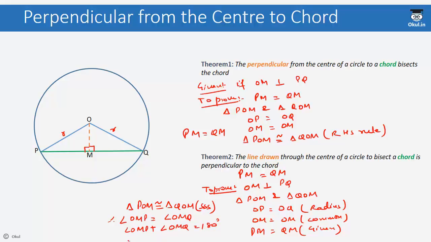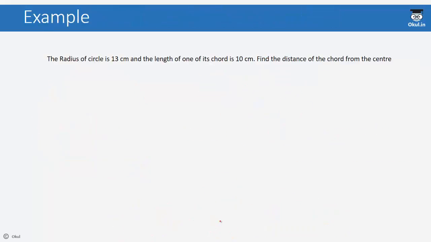Since these angles are equal, angle OMP is equal to 90 degrees, and OMQ as well. So we can say that the line drawn through the center of a circle to bisect a chord is perpendicular to the chord.